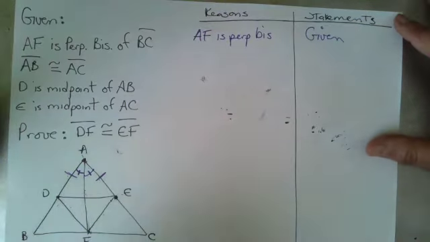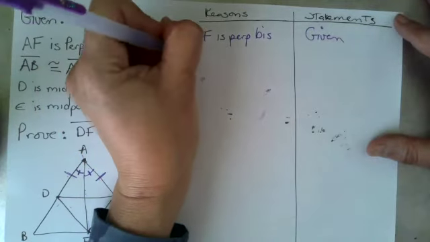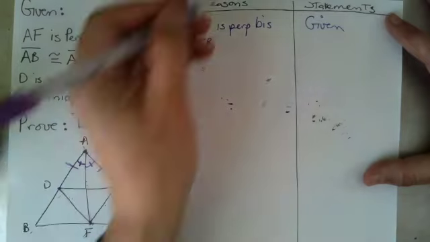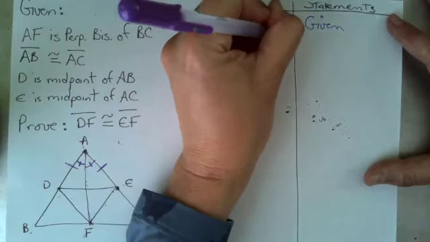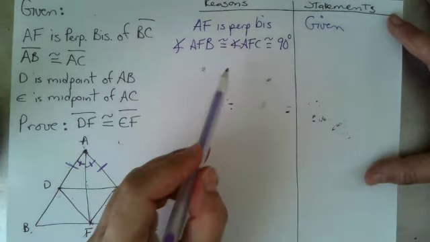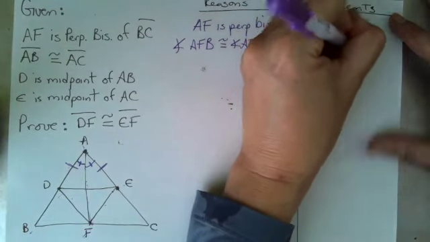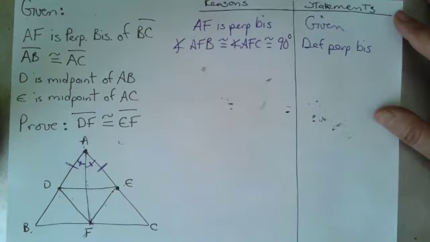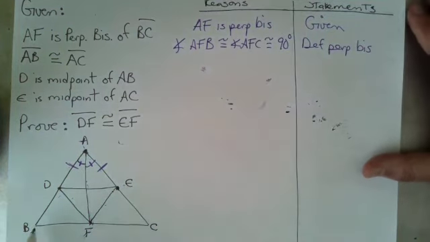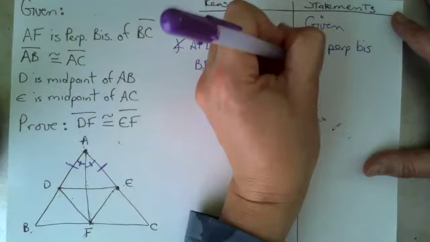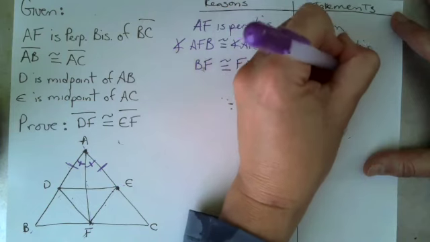And then that's going to show me that angle AFB and angle AFC are both 90-degree angles. They equal each other in their 90-degree angles, and that's the definition of perpendicular bisector. And then we also know that BF is congruent to FC, and that's also the definition of perpendicular bisector.